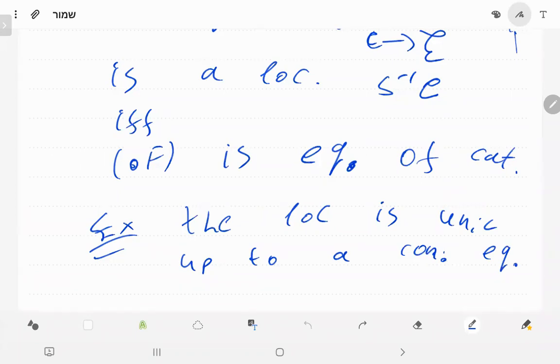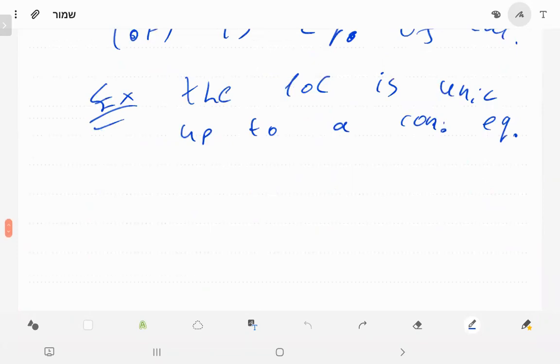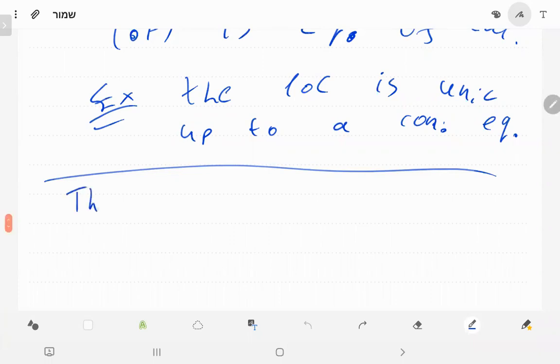It's unique up to isomorphism. On the first level, just prove that the localization is unique up to an equivalence, and you will see that this equivalence is basically unique.